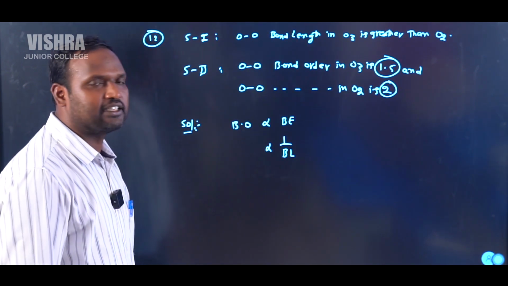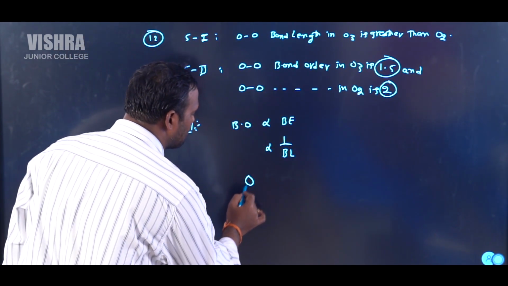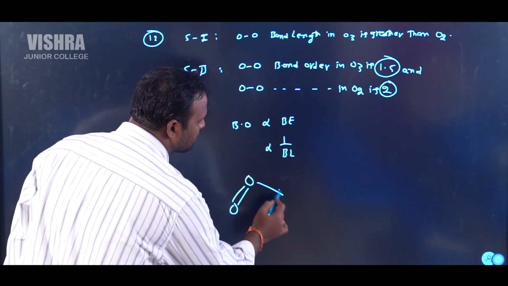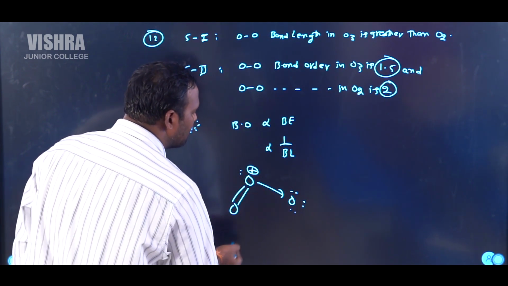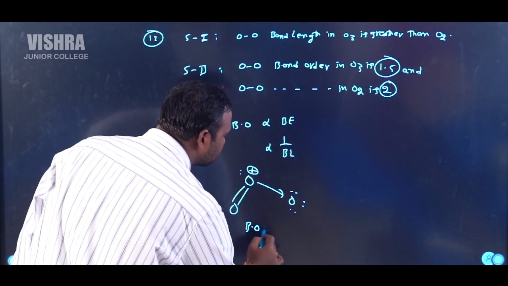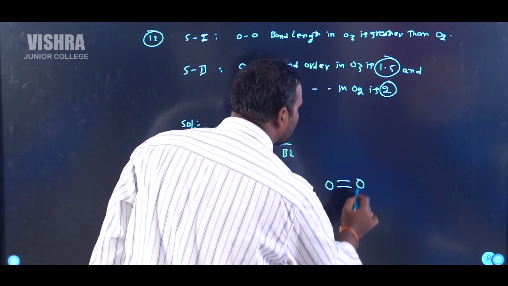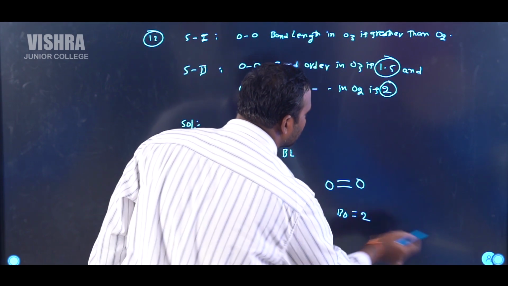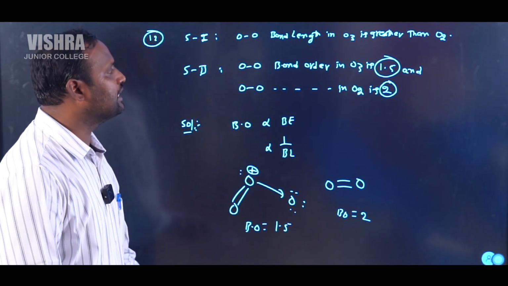Whenever bond order increases, bond length decreases. Already you know the structures of ozone and O2. Ozone's bond order is 1.5, and the O2 molecule's bond order is 2.